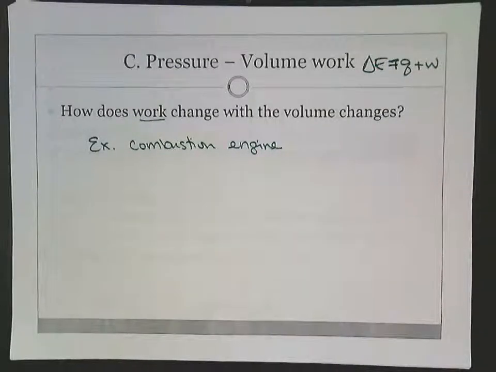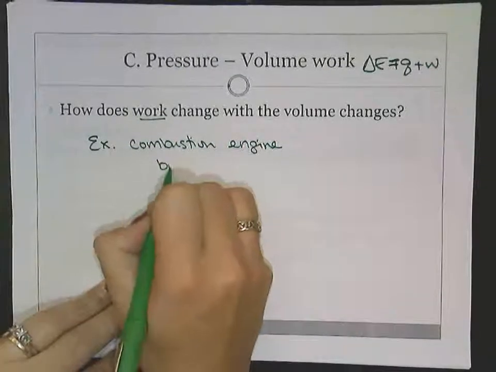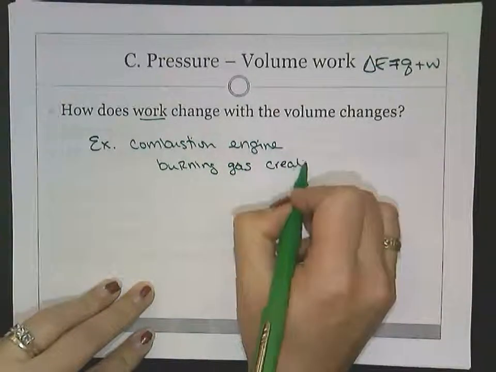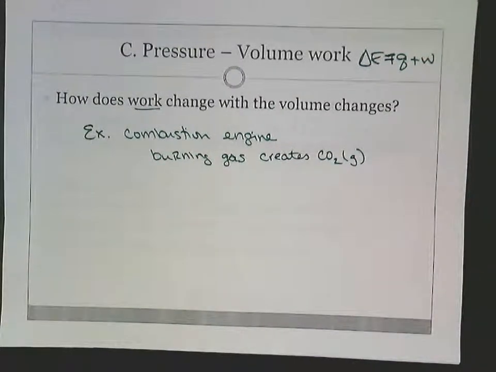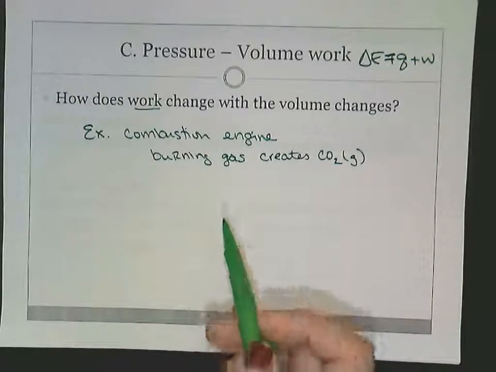All right, so how does work change with volume changes? So, for example, let's say you turn on your car outside, right? And if you're driving it, you're adding gas to the engine. The engine burns the gas, produces carbon dioxide gas, some water gas, a bunch of other products. So burning gas creates carbon dioxide gas, as well as some other products, but that's one of the main ones. Gas is a liquid, right? When you put it into your tank, it's a liquid. It's going from a liquid to a gas.